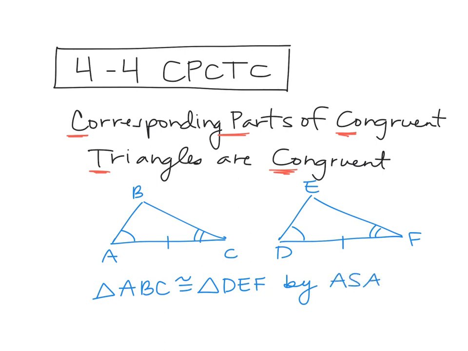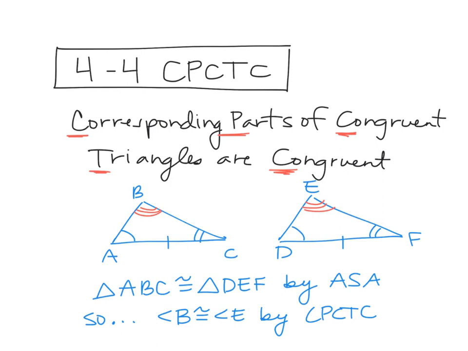So if I know this, then I can say that, for instance, angle B has to be congruent to angle E by CPCTC, right? If I know the triangles are congruent, then I know every aspect of those triangles is congruent. So even though B and C aren't marked, okay, I can say they're congruent.